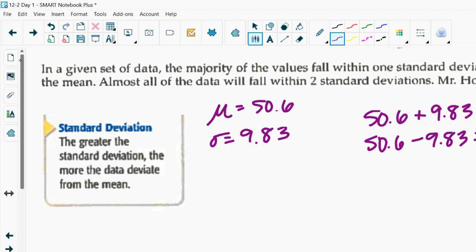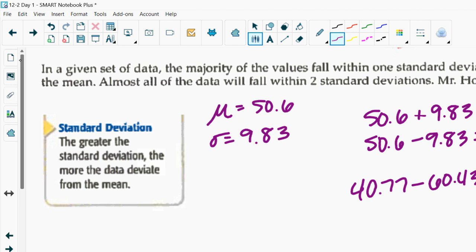So if I take 50.6 plus 9.83, I get 60.43. And if I take 50.6 minus 9.83, I get 40.77. So we can say, and we can go back and look at the data, that almost all of the temperatures should be between 40-ish degrees and 60-ish degrees.